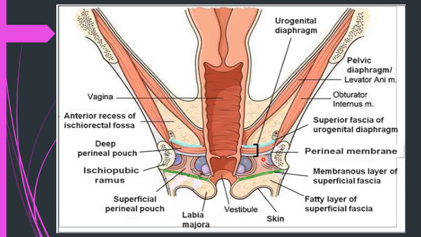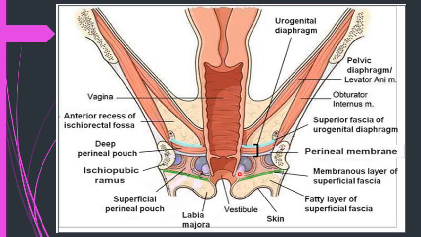So this ischiocavernosus is covering the corpus cavernosum of the clitoris on each side, and this is the bulbospongiosus muscle that is covering the bulb of the vestibule.